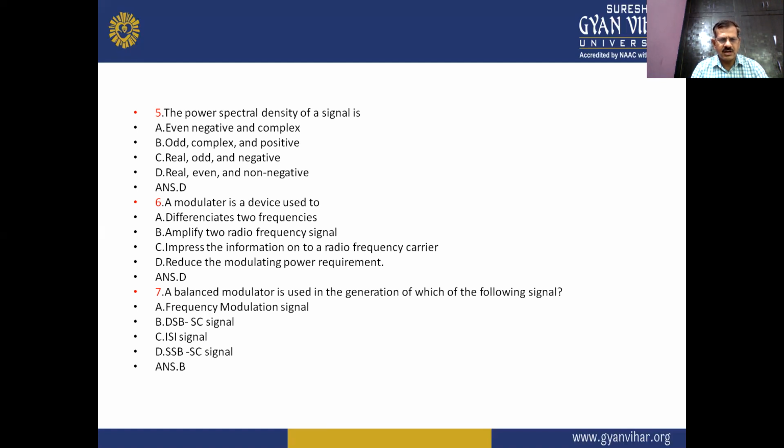The correct answer is option B, because a balanced modulator is used in the generation of double sideband suppressed carrier signals.